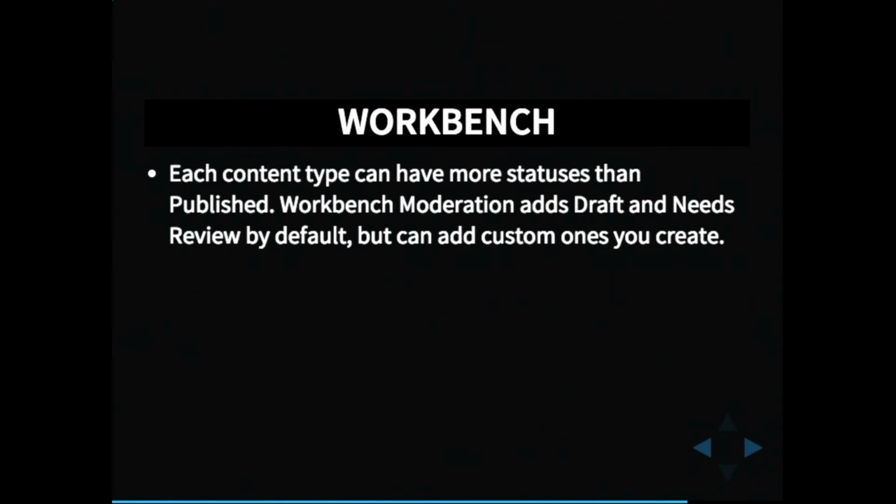So I can come in and I'm working on my article, and I've been working on it for 3 weeks. It's going to be great. It's about panels. And it's been in draft mode for that long. Once I am ready for my editor to look at it, I switch it to needs review.